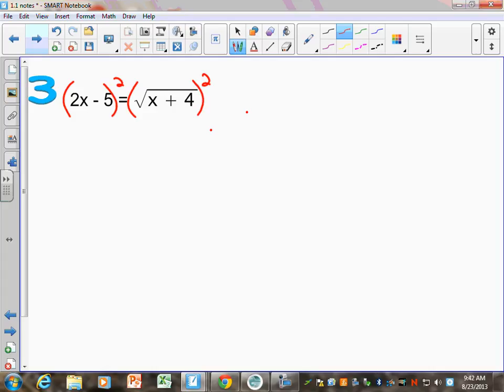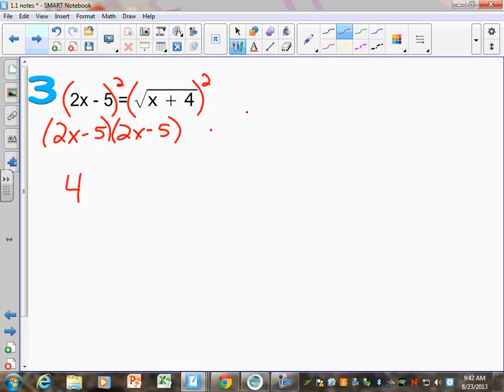And remember, this is another thing that people tend to forget. This is not just 4x squared plus 25, right? When you square this, it really means that there's 2 of these. Oh, man, you forgot, didn't you? So you actually have to FOIL that out.